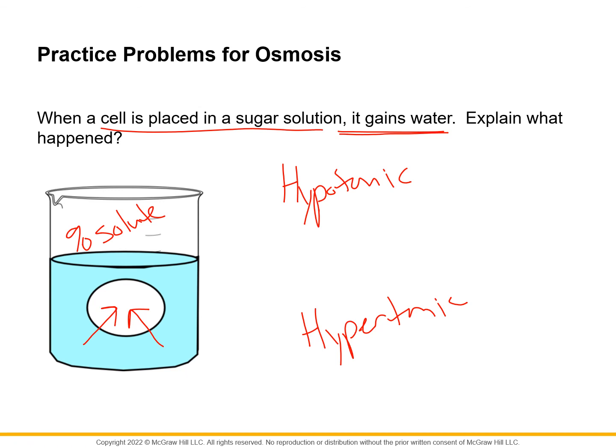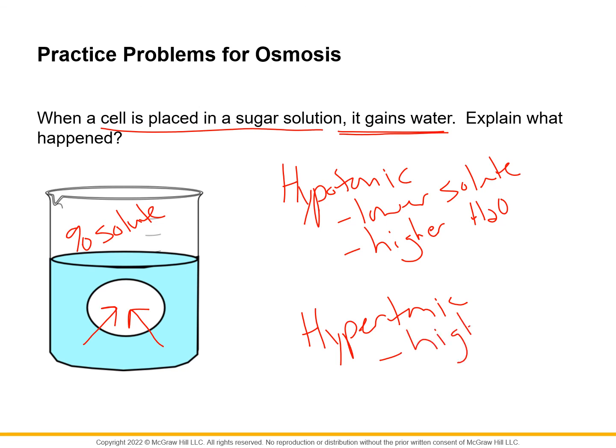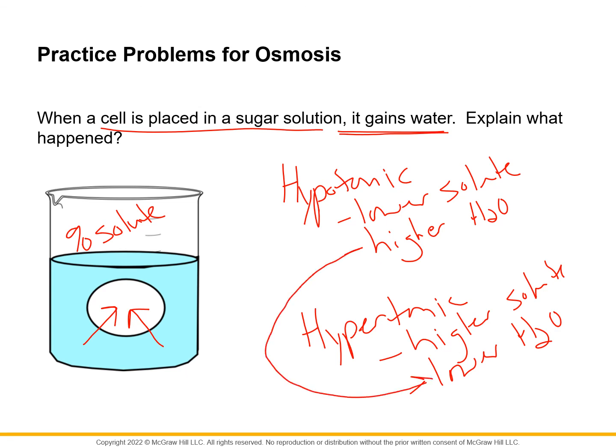And you know that hypotonic solutions have the lower solute, which means they have the higher water concentration. And the hypertonic solution, conversely, has higher solute and lower water. So the direction of osmosis is always from the area of higher water concentration to the area of lower water concentration.